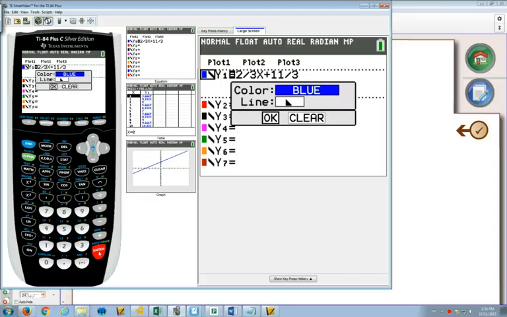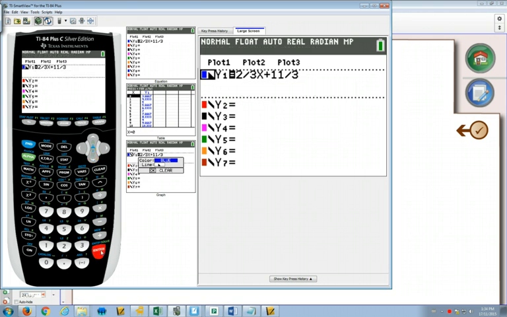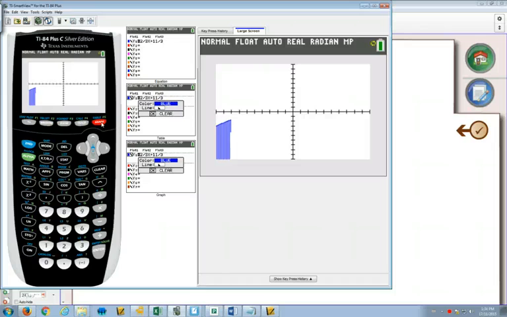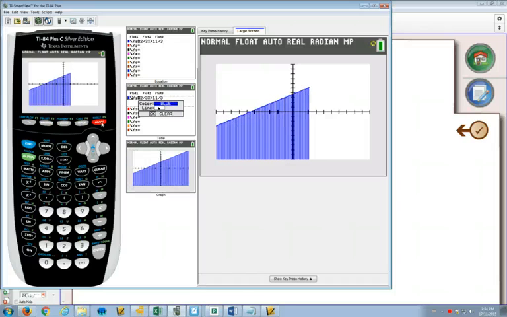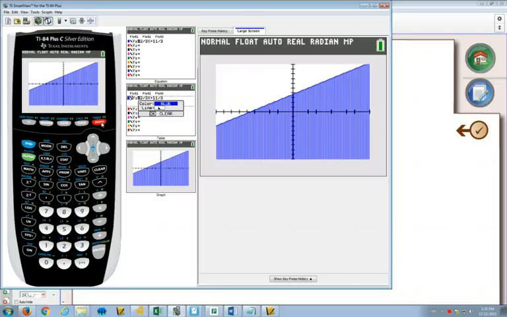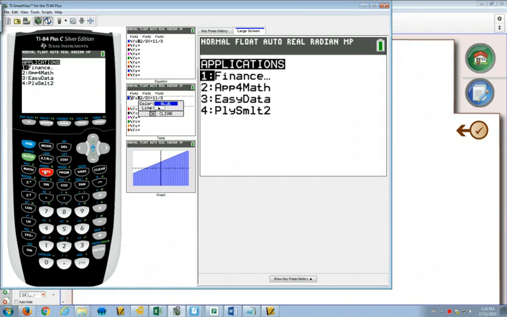I could change it to that and hit graph. Okay. Hit graph and it shades below. Oh, I don't have it on here.